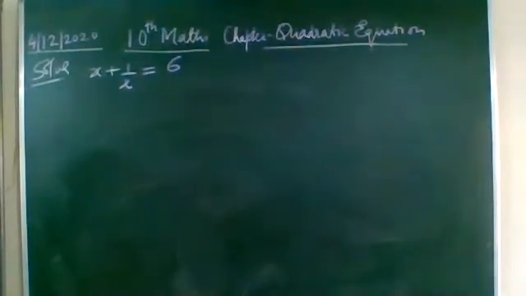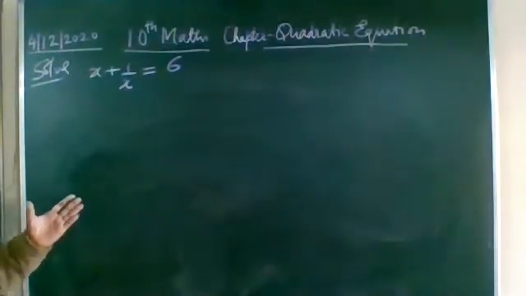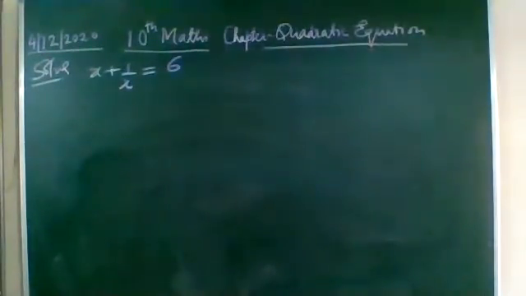So for 2 variables you will write first number x, second number y, or in a quadratic equation only one thing is not given, so you will write let this number be x.